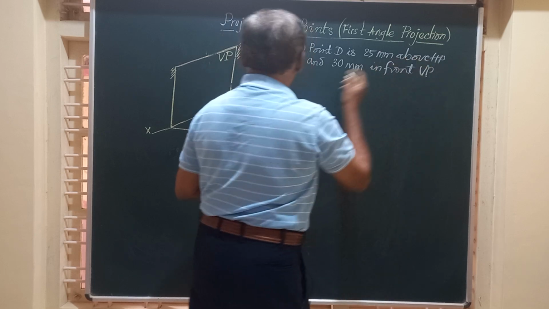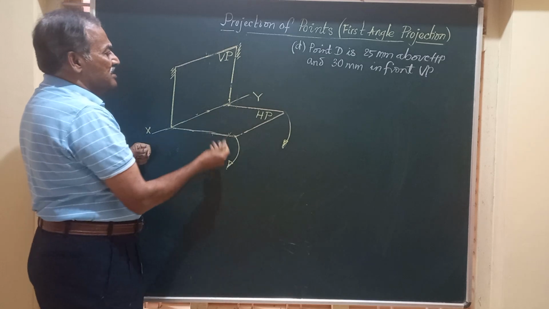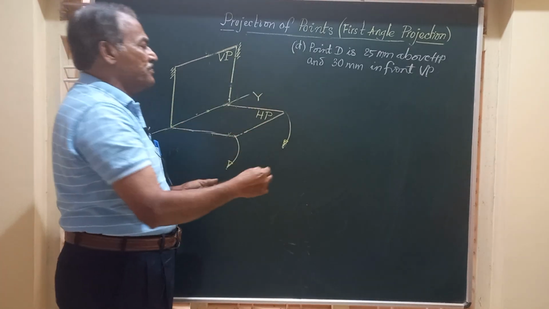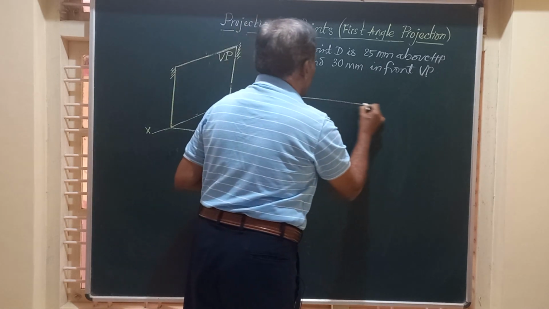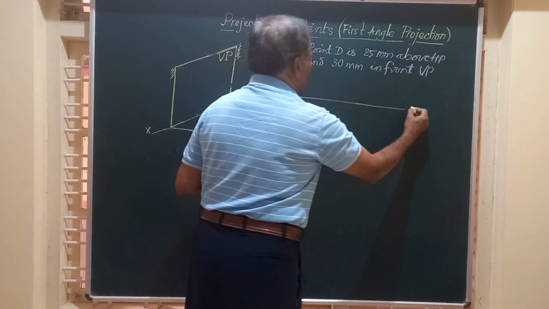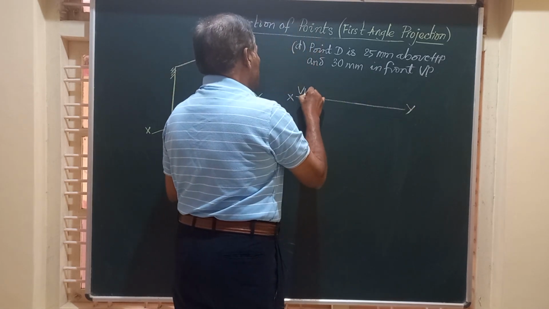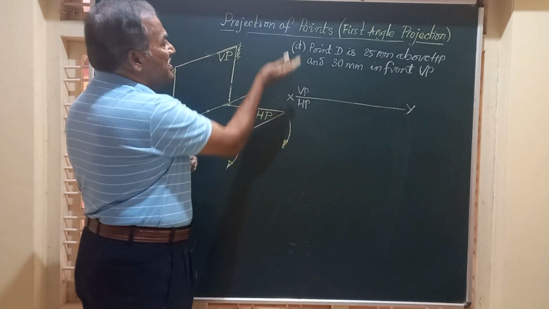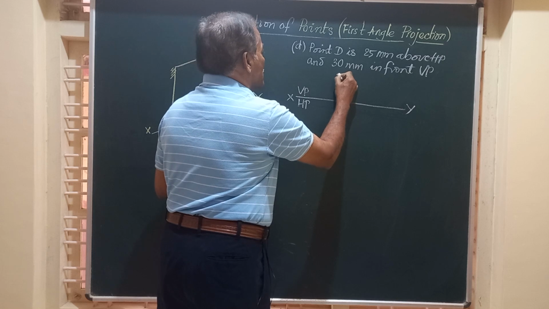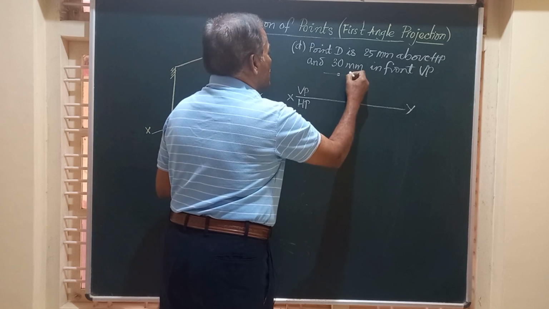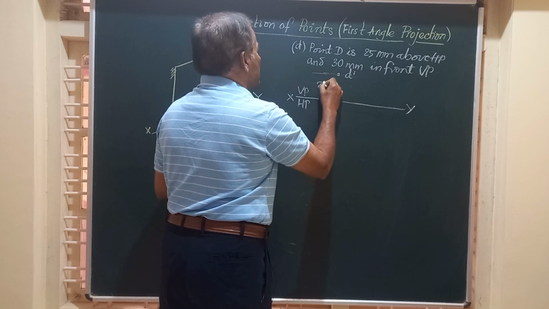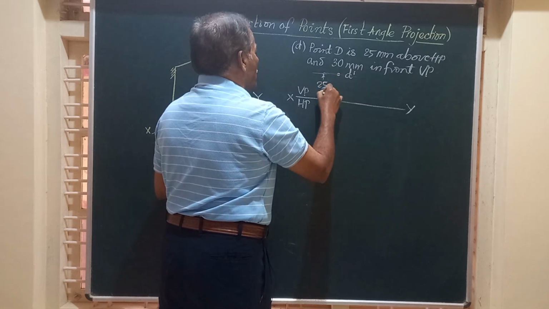So this point is somewhere here. That is, it is at a height of how much? 25 mm above HP. So very obviously, after marking this XY, VP and HP, you can show this front view which is 25 mm above. So I just mark a point here, call it D dash, at a height of 25 mm above this.